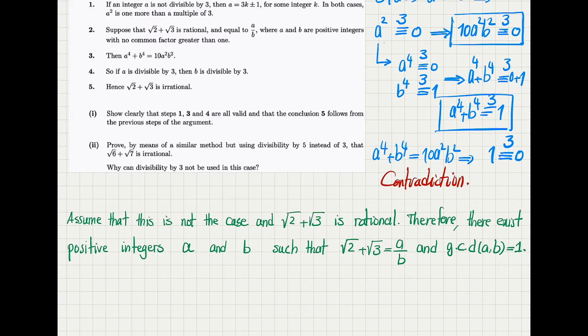Assuming that these integers are positive is also not a loss of generality, because the square root of 2 plus the square root of 3 is a positive number. So either both of them should be positive or both of them should be negative. If both of them are negative, I cancel the negative signs, then I rename those.